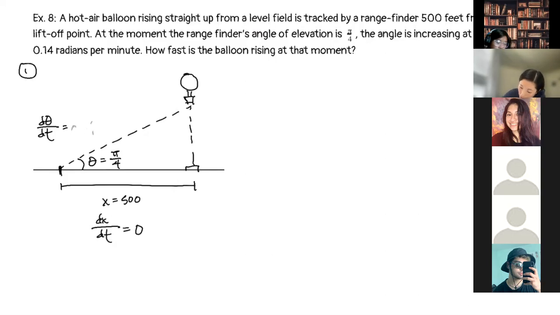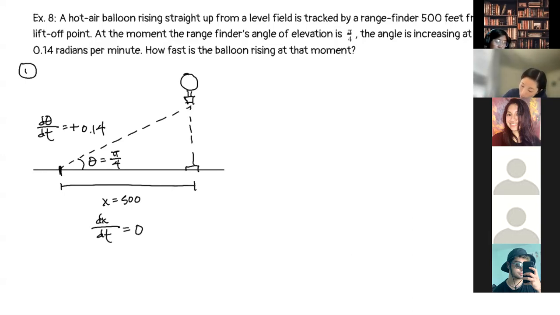Good. So, just so we're clear, it's increasing, so I'm going to put a positive sign in front of it, 0.14. You do not have to write the positive sign, but it might be a reminder for your brain that sometimes that rate is positive and sometimes that rate is negative. Okay, and we need to know which one it is.